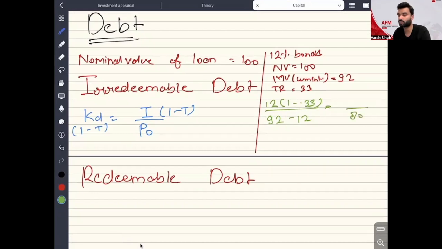Above it will be 12 times (1 minus 0.33), that is 0.67. So 12 multiplied by 0.67 will give you 8.04. So the final value will be close to 10-11%.